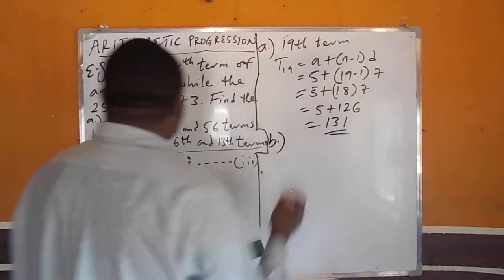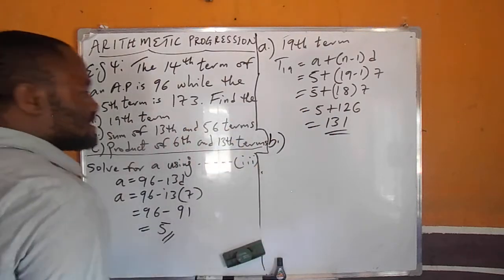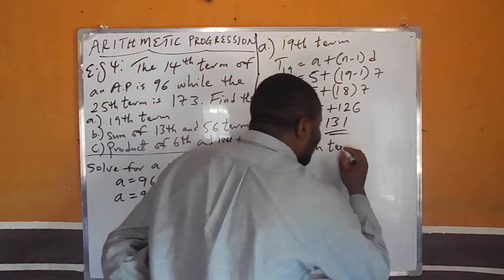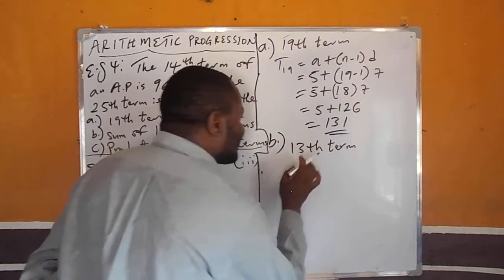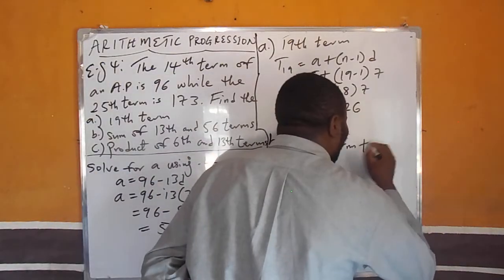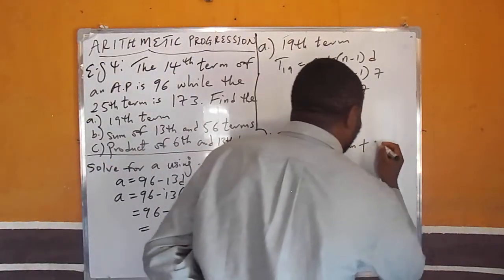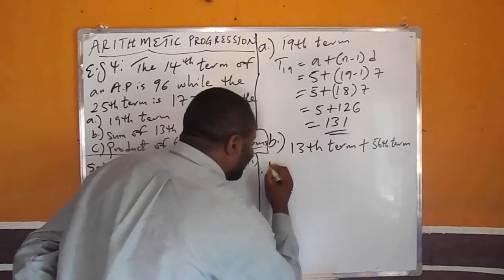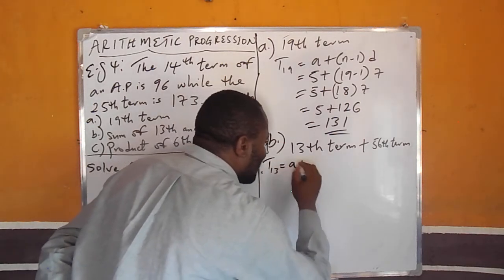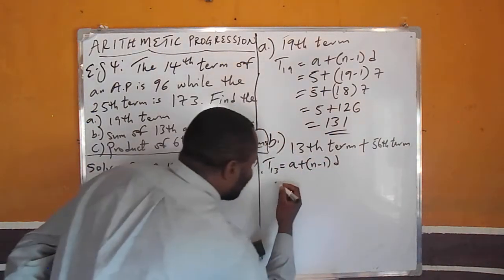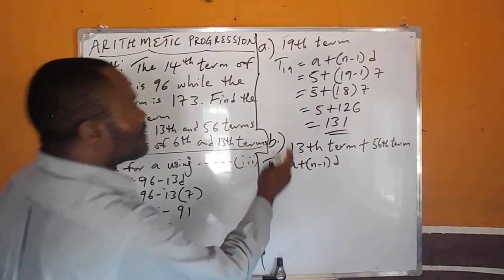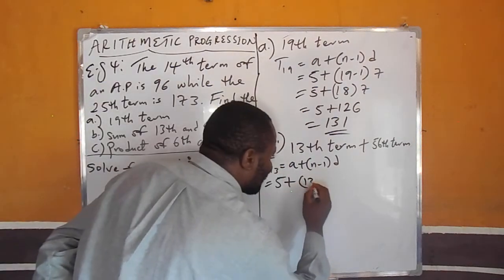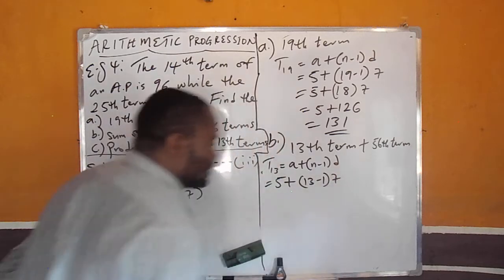B says we should look for the sum of the 13th and 56th term. Firstly, the 13th term. T13 equals A plus bracket open N minus 1 bracket close D, where A is 5, plus bracket open N, which is 13, minus 1 bracket close D, which is 7, the difference.